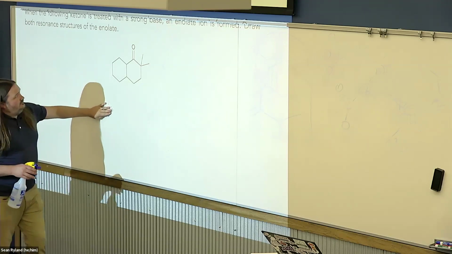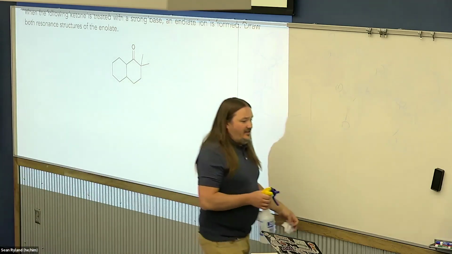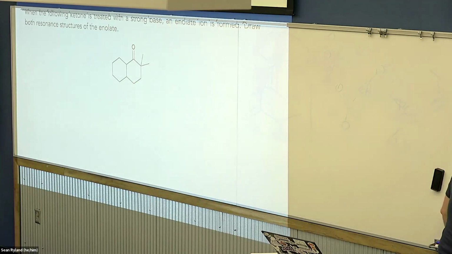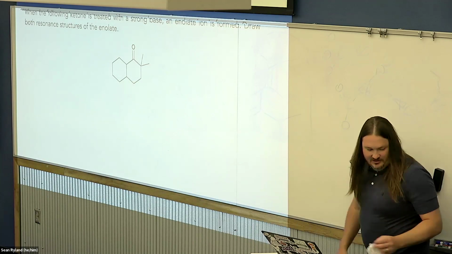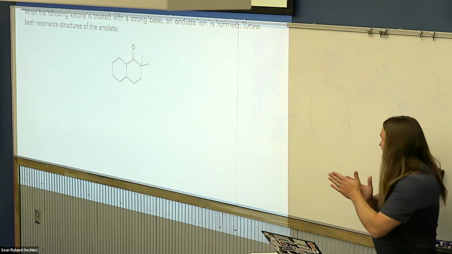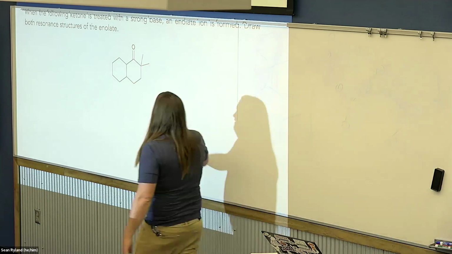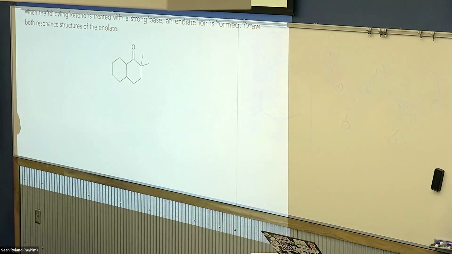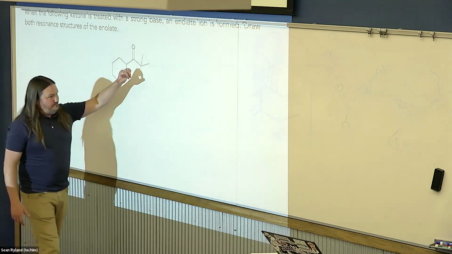Alright, so, maybe not obviously, shouldn't phrase it that way, but as you may have realized, if we have a quaternary carbon on one of our alpha carbons, we can't turn a quaternary carbon into an enolate, because we don't have a hydrogen to lose.